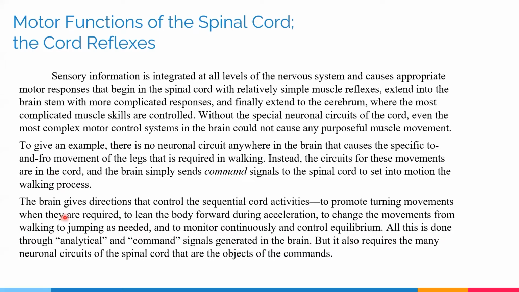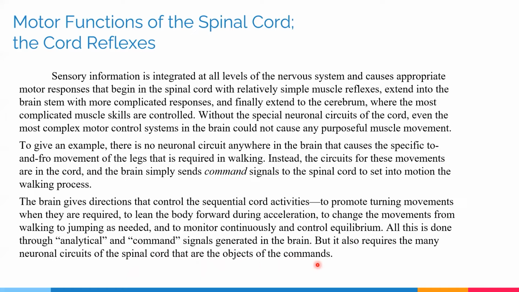All this is done through analytical and command signals generated in the brain. But it also requires the many neuronal circuits of the spinal cord that are the objects of the command.